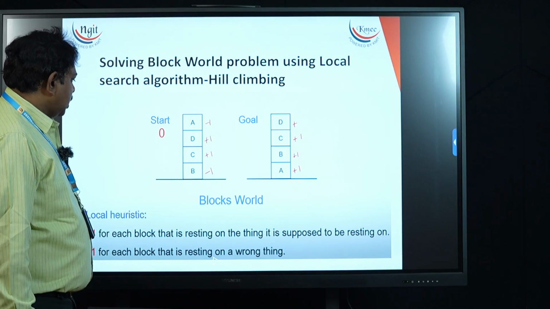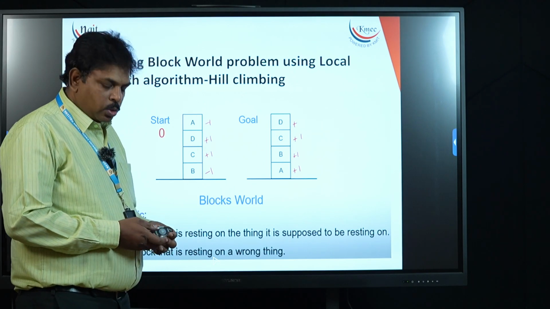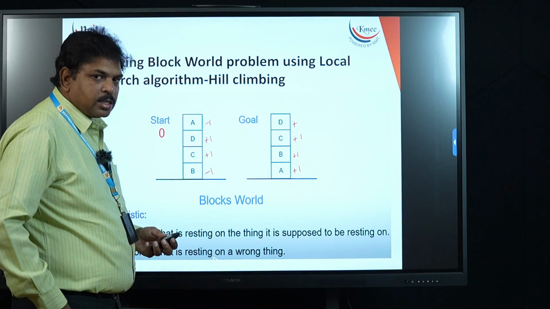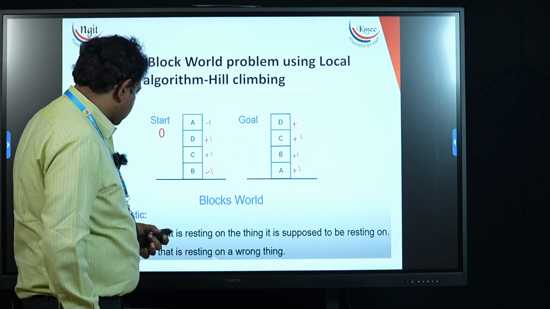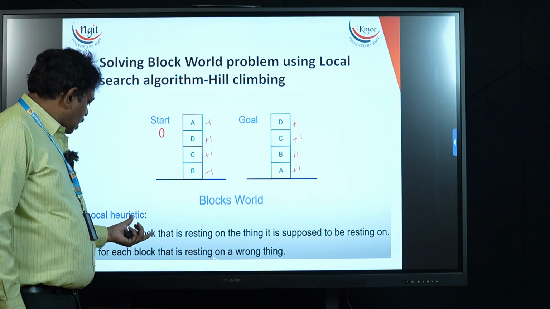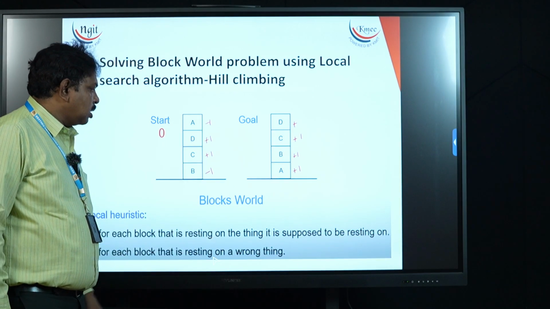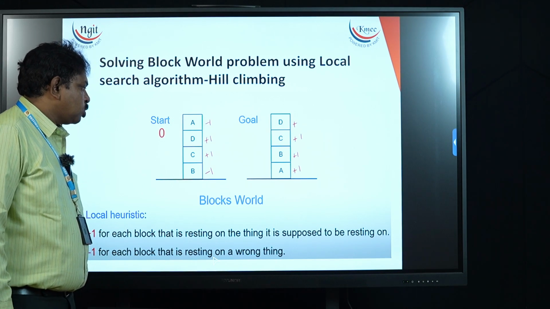For this, the first step is to prepare one heuristic function that selects the best possible state from the given state. Here I use one local heuristic. Local heuristic means +1 for each block that is resting on the thing that it is supposed to be resting on.